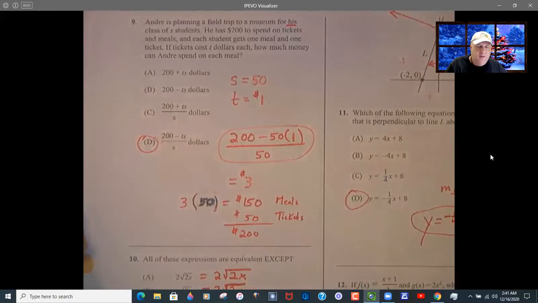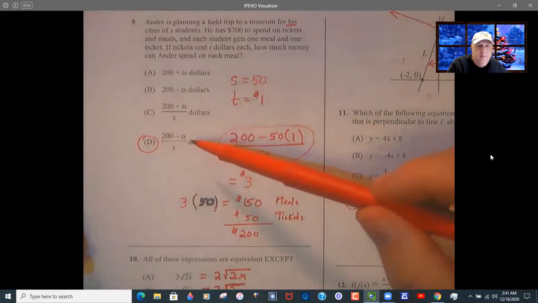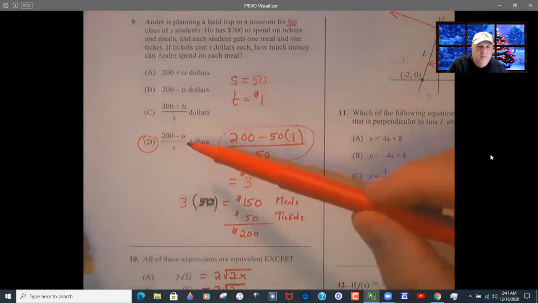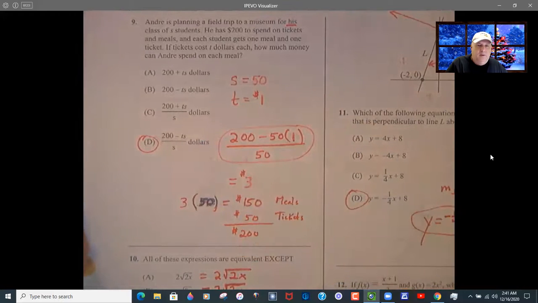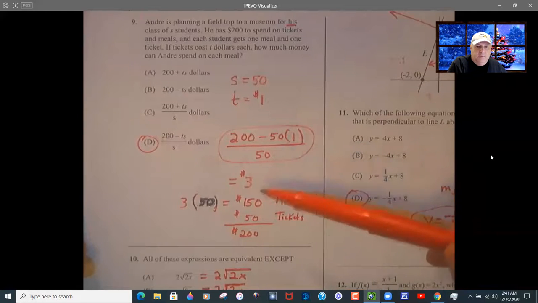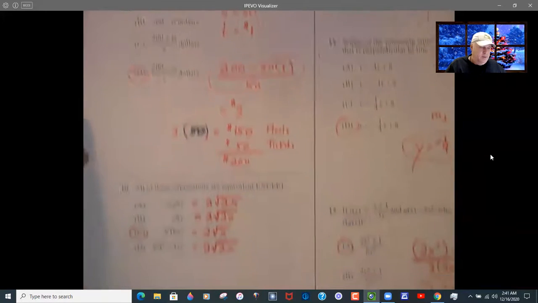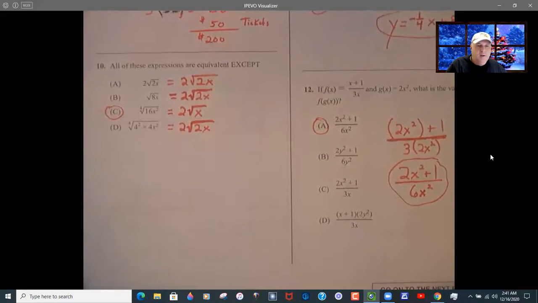That's the best way to think about that. Again, the 200 minus TS is the amount of money left to spend on meals divided by the number of students. Then you'll know how much he has left. So in my number system that I picked, he would have $150 left to spend on meals, $50 on tickets, and then so 150 over 50 is $3 per meal. So using the old numbers game is important.